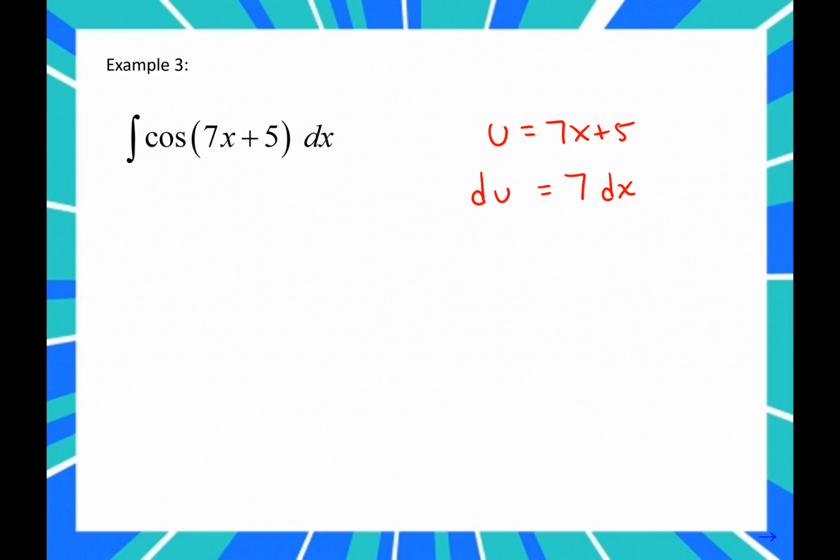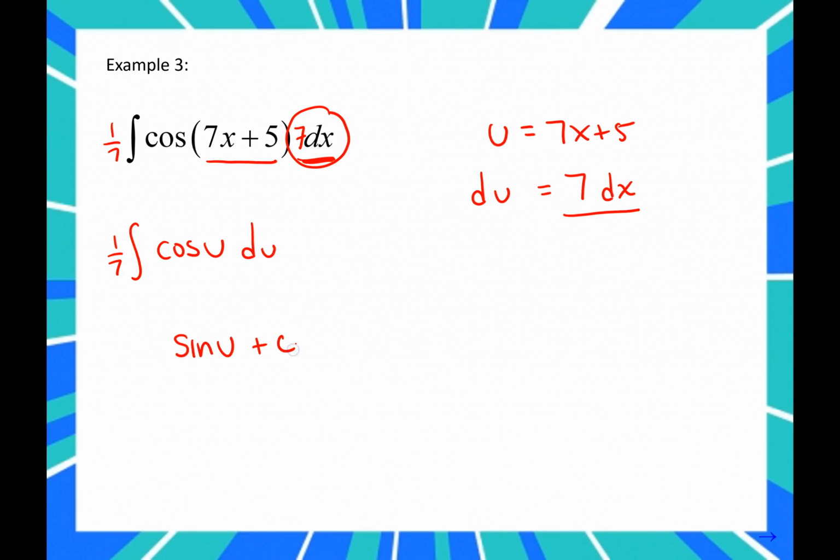So I can rewrite this integral as the cosine of, that's going to become u, and I want to be able to replace this as a du, but unfortunately it's just a dx, and I want a 7 dx, so I'm going to sneak a 7 in there, which means I have to put a 1/7 on the outside. Now my 7 dx can become a du, and now this is something I can integrate. So the integral of cosine u du is going to be sine of u plus c, and do not forget to bring your 1/7 down.